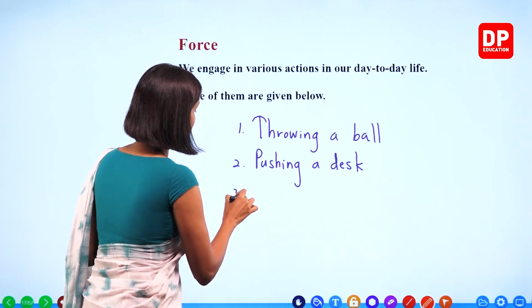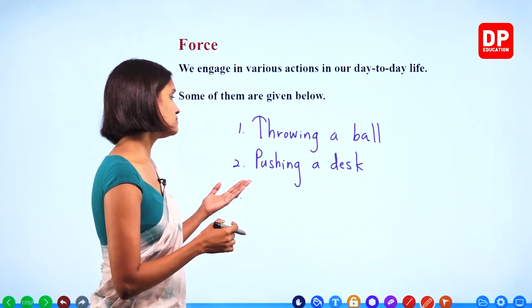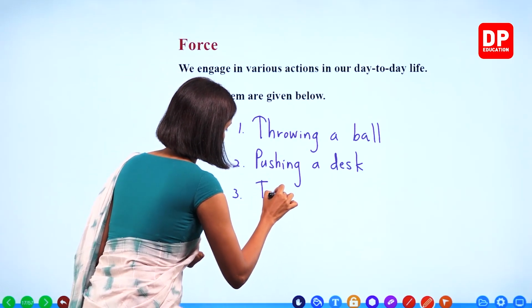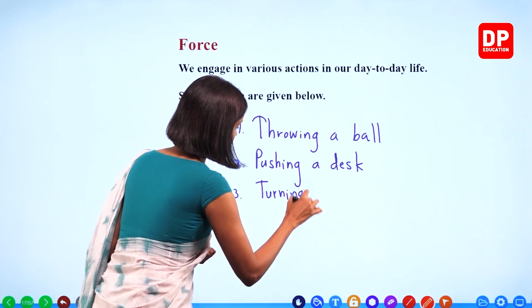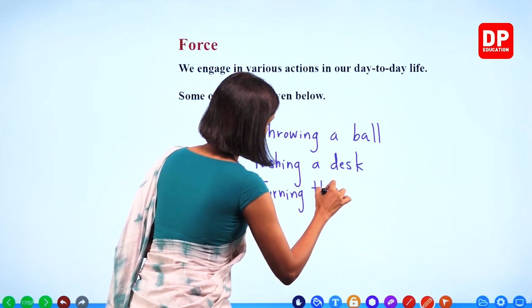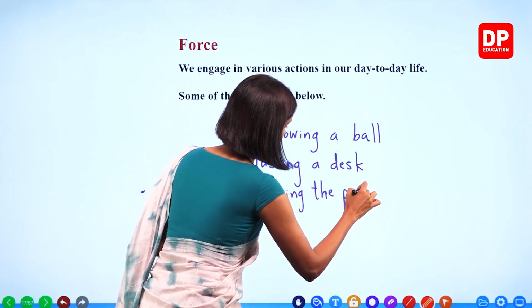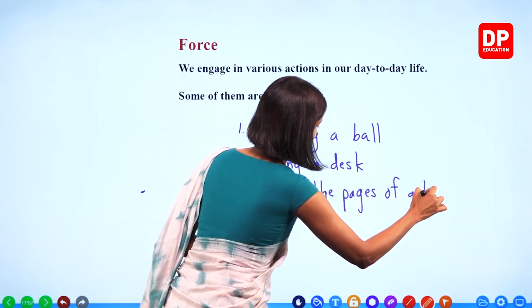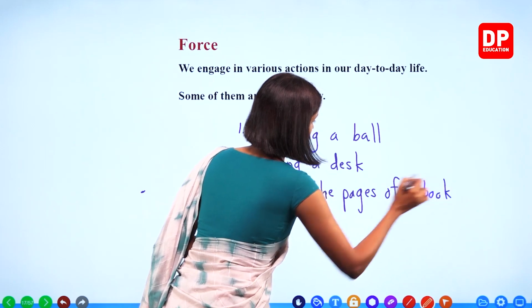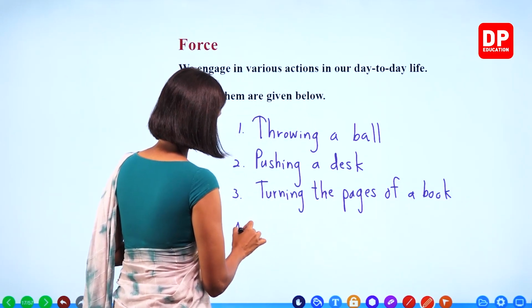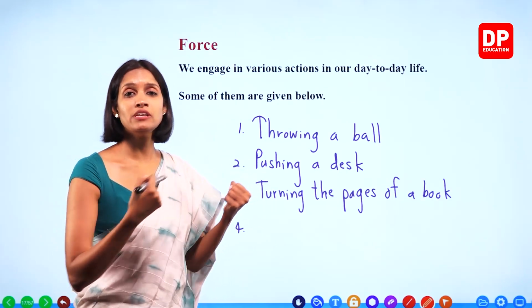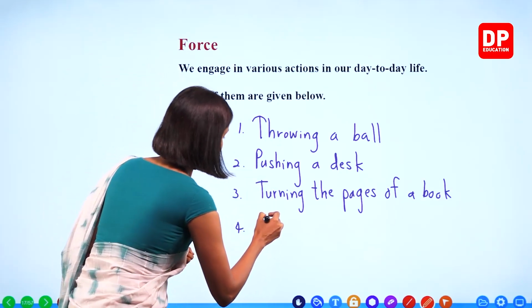Right? Then we can write turning pages of a book. Right? Turning the pages of a book. So at home, what are the activities? Sweeping the floor, opening doors, right? We will write opening a cupboard door.